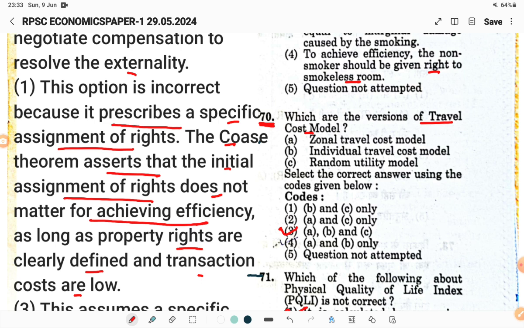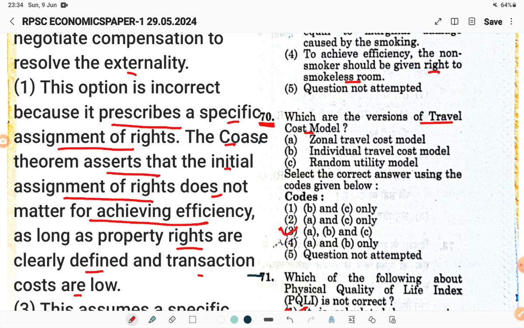This version aggregates data based on geographic zones and estimates the demand for a recreational site by examining travel costs from different zones. And the second, individual travel cost model. This version uses individual level data to estimate the demand for a recreational site based on each person's travel cost and other factors. And the last one is the random utility model.